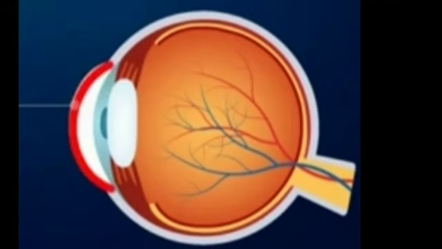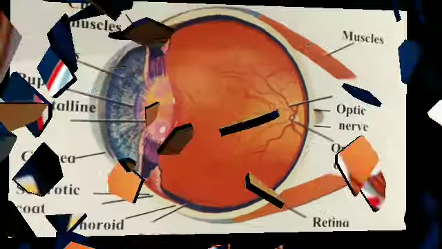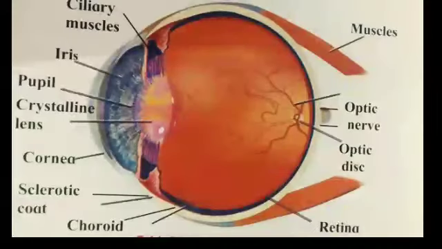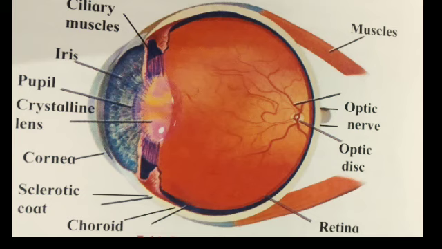Next topic is human eye and working of its lens. There is a very thin transparent cover or membrane on the human eye. This is called cornea. Light enters the eye through this cornea.